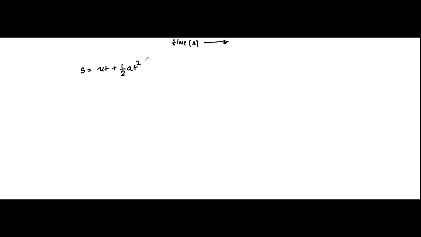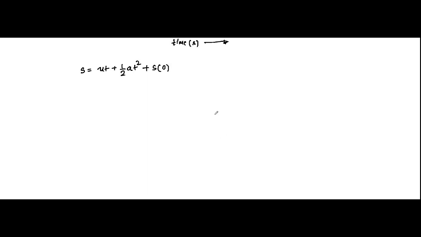But here it is given that the two stones are thrown at some height above the ground, 200 meters. So another extra term will be added, which is the initial height, the initial position at time t equals 0.